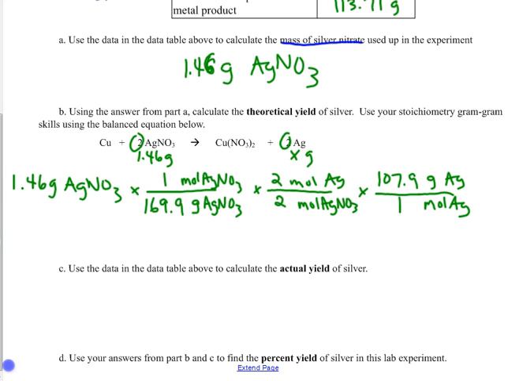So if we cancel out, we've got moles of silver canceling, moles of silver nitrate canceling, and grams of silver nitrate canceling. And so your math is 1.46 times 107.9, divided by 169.9, and you will get 0.927 grams.